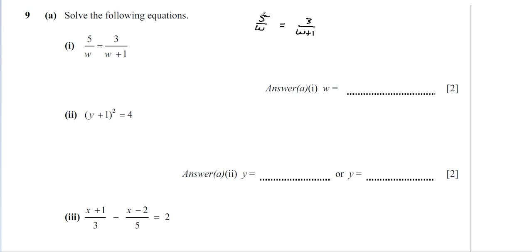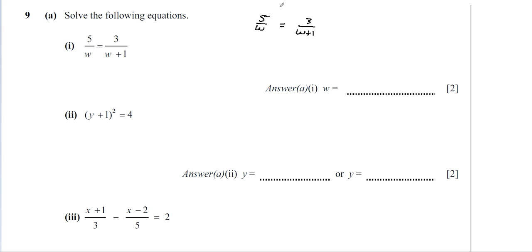To get rid of the w under the 5, you just multiply by w, and it should cancel it. But remember, what you do to one side, you do to the other. So if you times this side by w, you're going to times this side by w. And to get rid of the w plus 1, you're going to multiply this side by w plus 1. And what you do to one side, you do to the other.